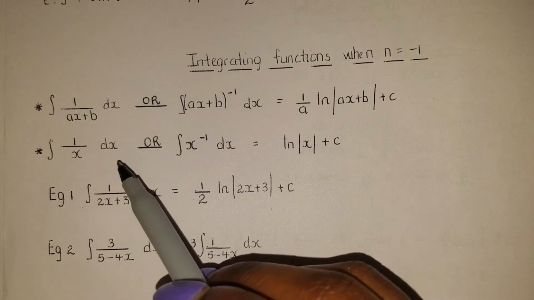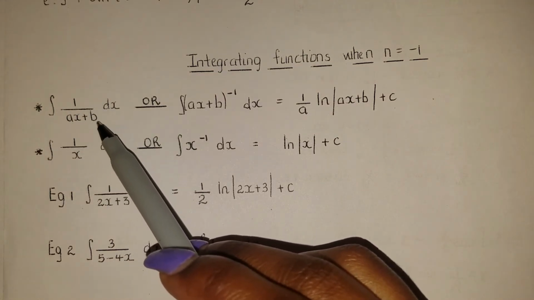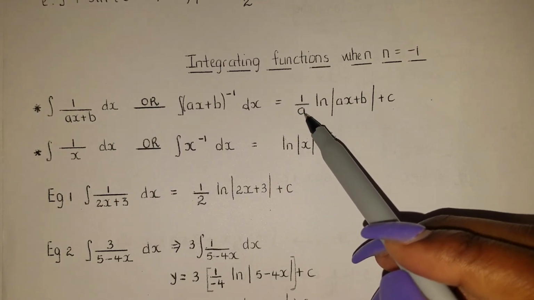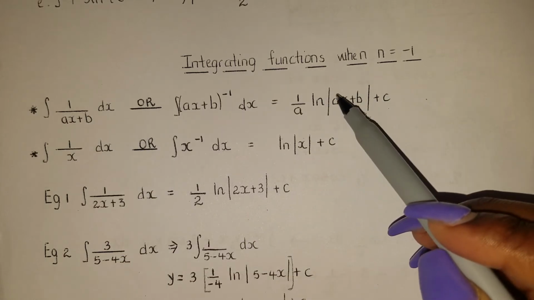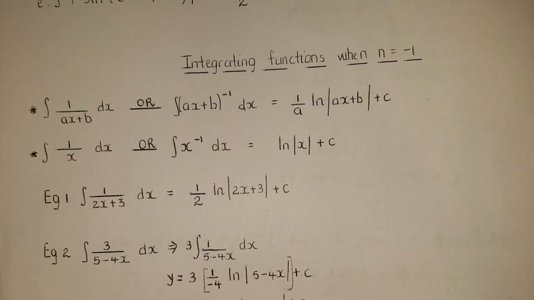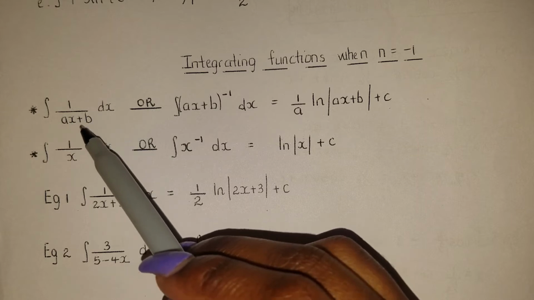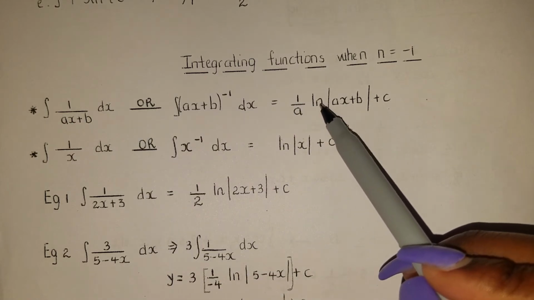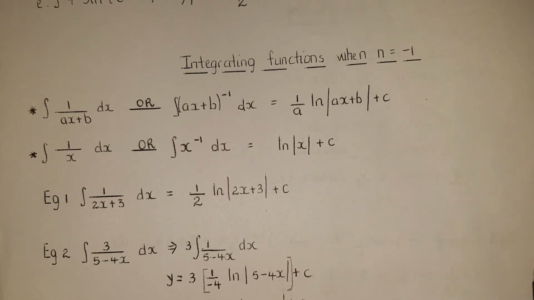So the rule is, if a function is in the form 1 over ax plus b, its integral is 1 over a, where a is the coefficient of x, ln of the modulus ax plus b plus c. So once more, the integral of a function in the form 1 over ax plus b equals 1 over a ln ax plus b plus c.